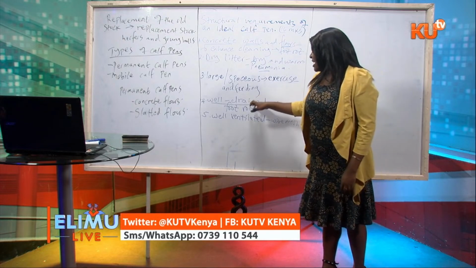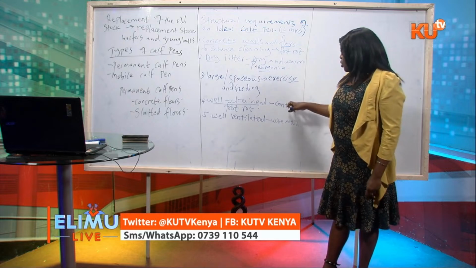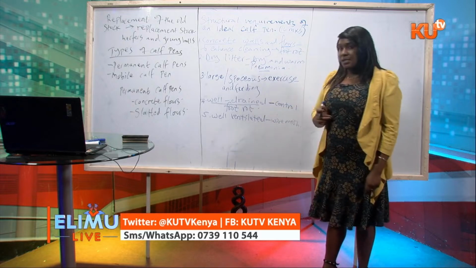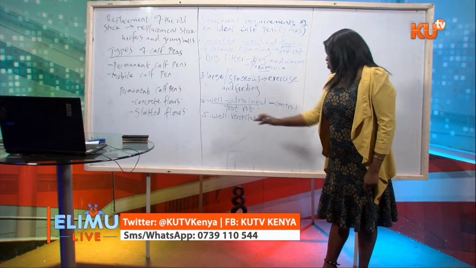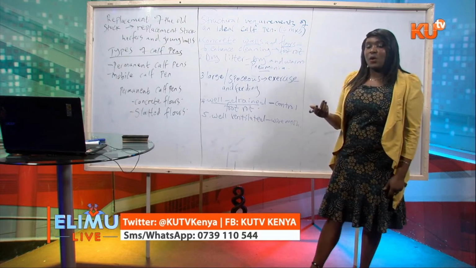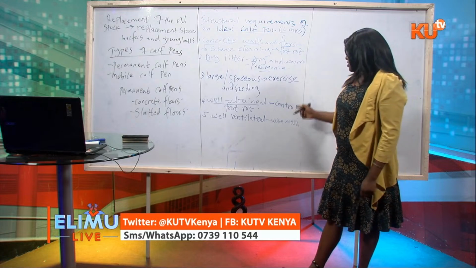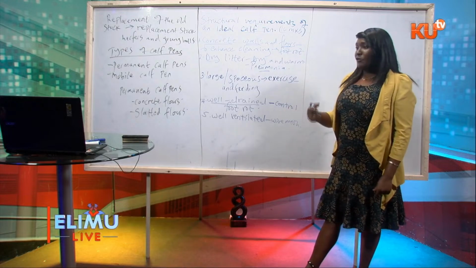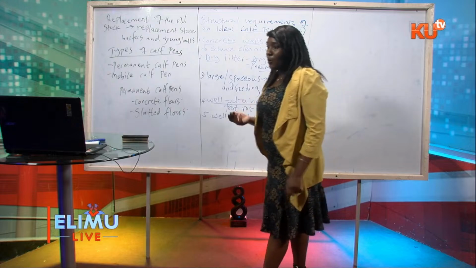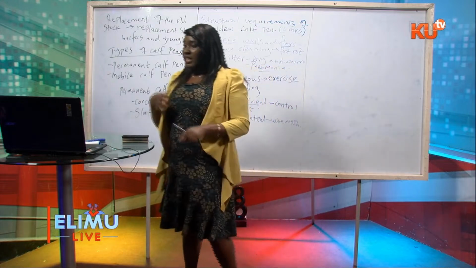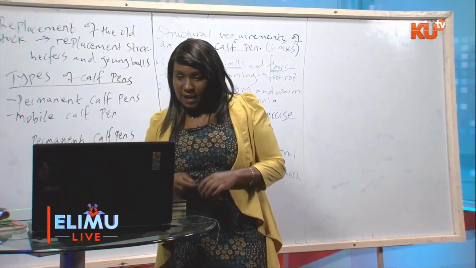Why do we need a drained area? Of course, to control diseases such as foot rot. Why do we require ventilation, and how do we ensure that our calf pens are ventilated? Of course, for the purposes of good health and proper ventilation even in the lungs of the calves.